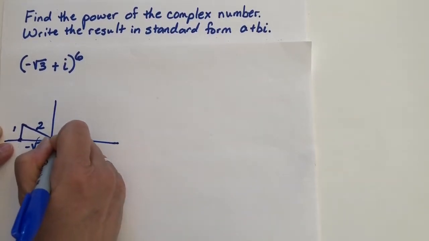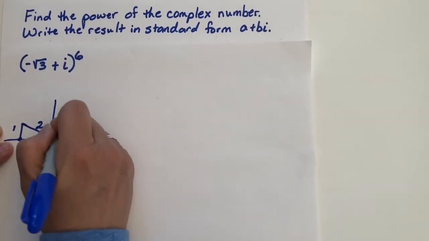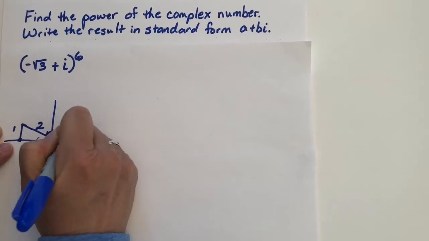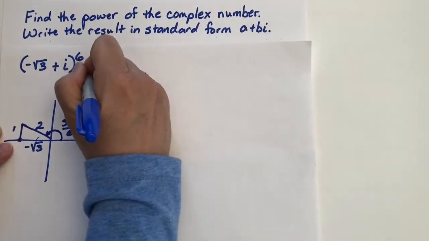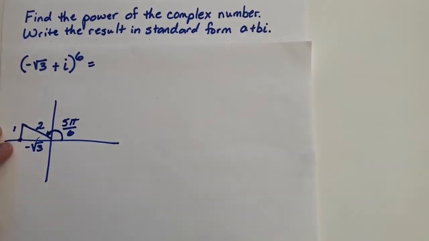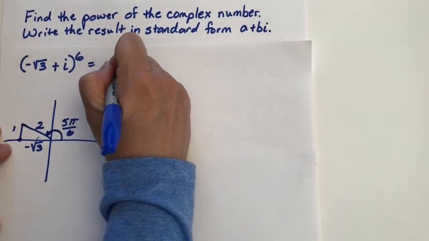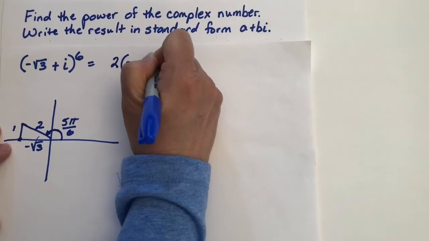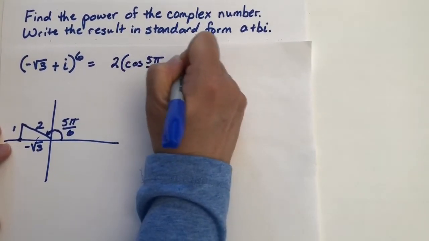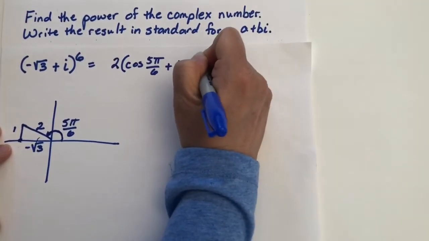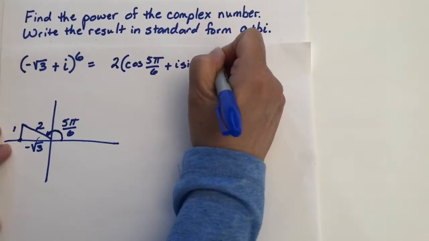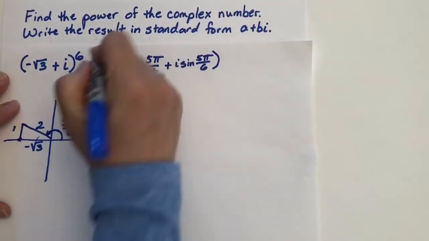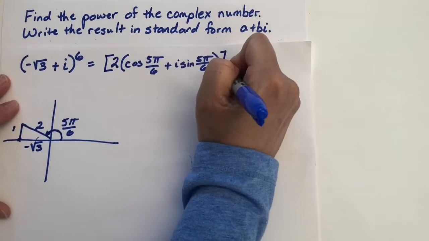So it makes this angle right here 5 pi/6. So our complex number in trig form would be 2 times cosine 5 pi/6 plus i sine 5 pi/6. There's our complex number, and we're raising it to the 6th power.